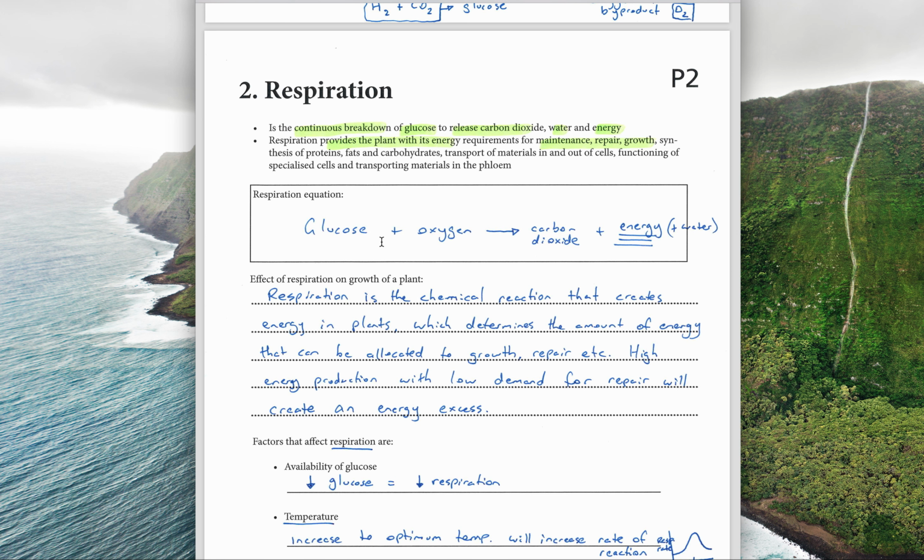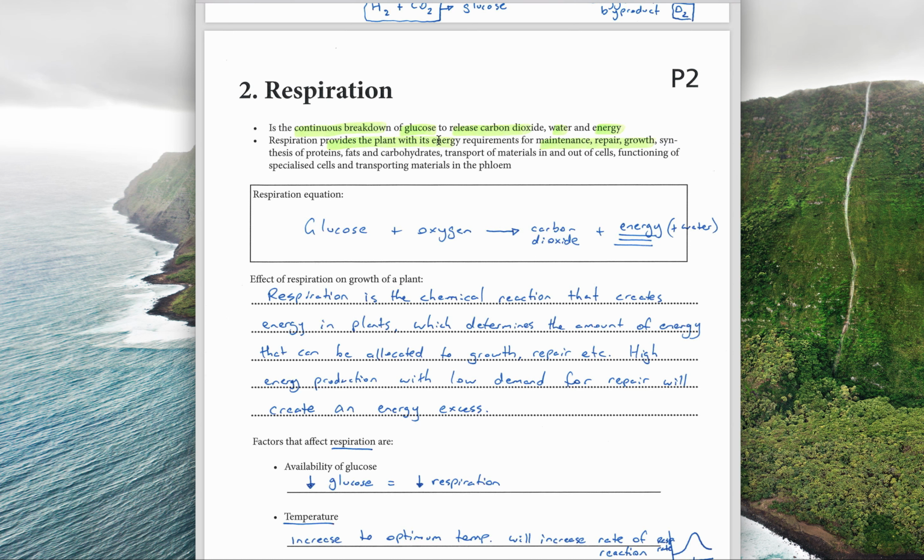You'll notice by looking at this equation, it's the exact opposite of photosynthesis. So it's the reversal of photosynthesis, and that energy that was coming from the sun is instead used as energy for the organism. The equation is glucose plus oxygen gives you carbon dioxide output plus energy for use.